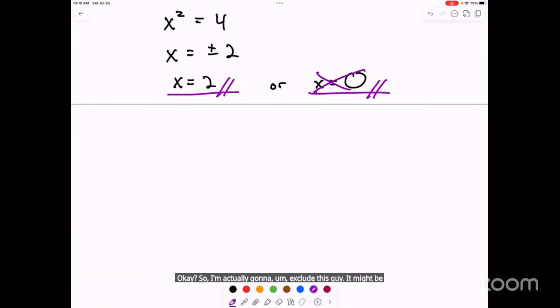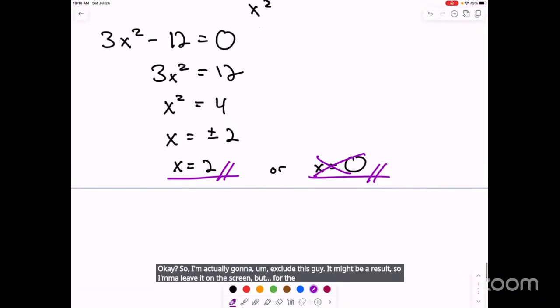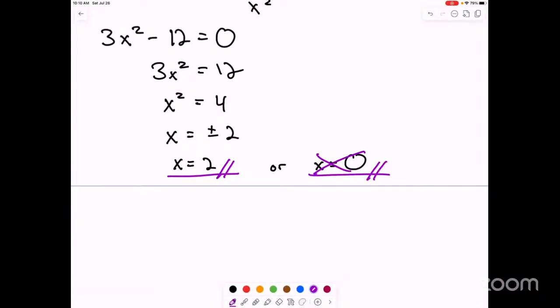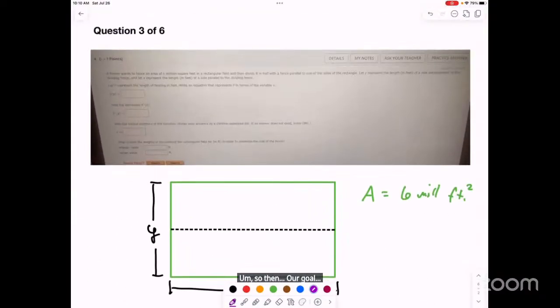It might be a result, so I'm going to leave it on the screen, but for the context, I'm not going to use it. So then our goal is to minimize the cost of the fence.